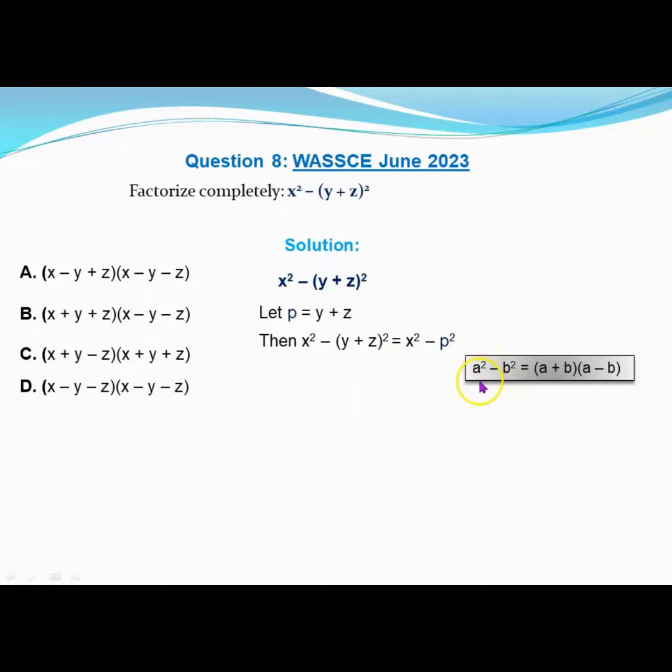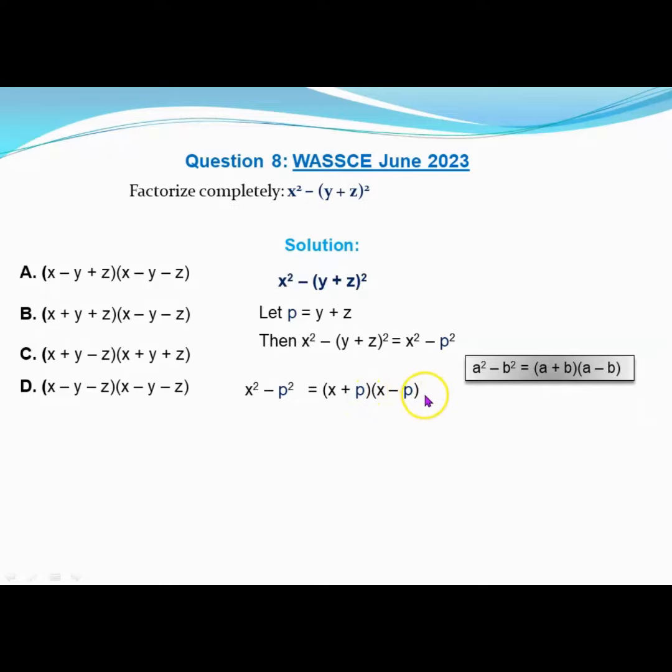Remember that if we have a squared minus b squared, that should be equal to (a plus b) into (a minus b). Right. So let's apply that here. So this can now be rewritten as (x plus p) into (x minus p).